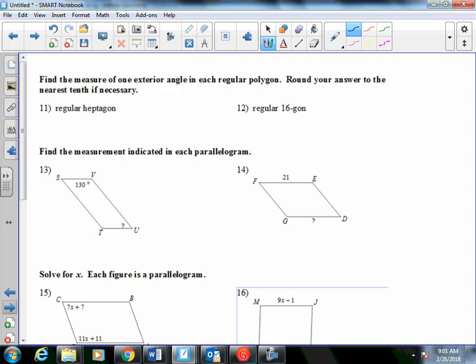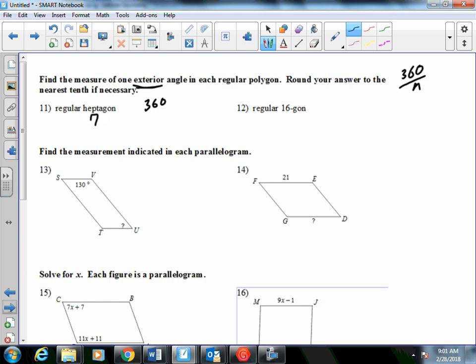All right, so then find the measure of one exterior angle in each regular polygon. Round your answer to the nearest tenth if necessary. So this is one exterior angle, and remember all the exterior angles of a polygon add up to 360 degrees always. So for one, it's 360 divided by the number of sides n. So a regular heptagon, which is 7 sides.